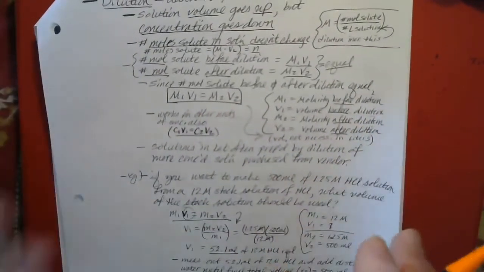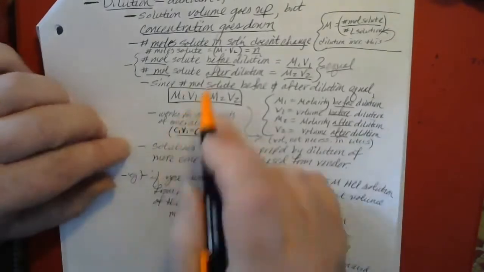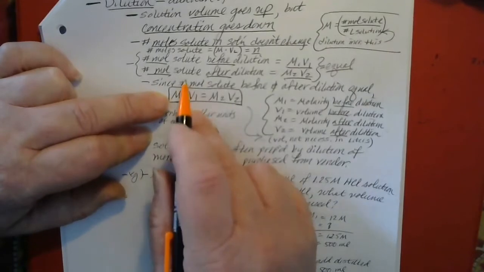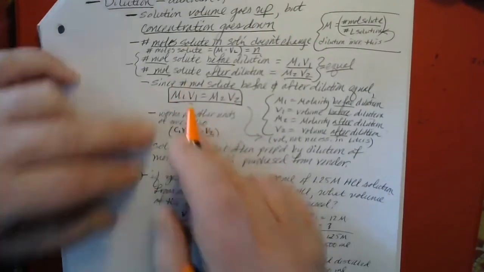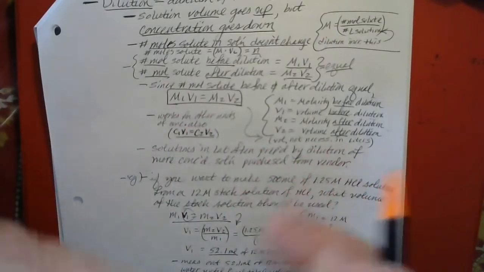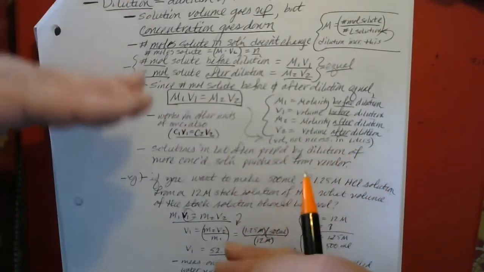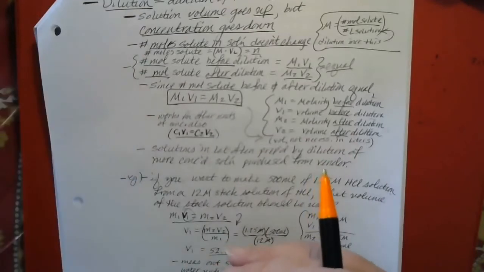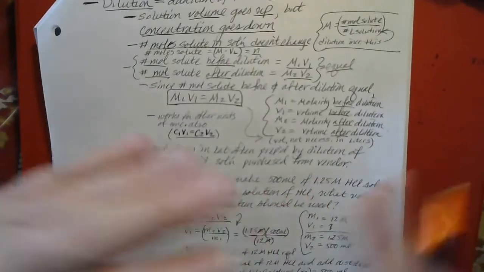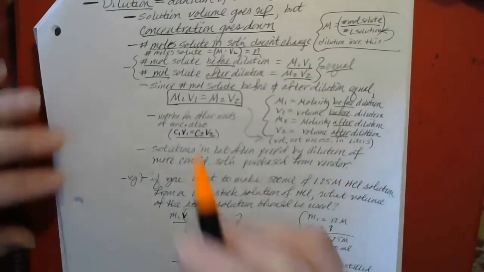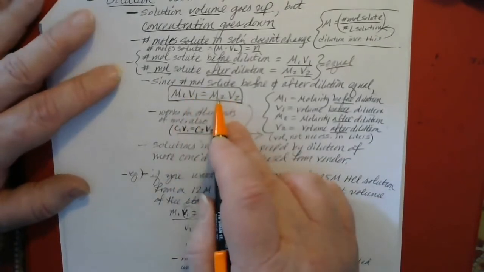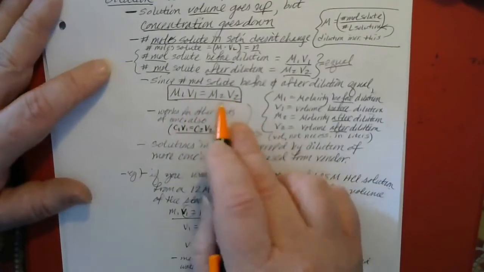During any given dilution, the molarity will go down as the volume goes up, and they always go up or down by the same factor. So if you double the volume, you cut the molarity in half. One times the other will always come out to the same result for any solution. So molarity times volume before dilution will be equal to the new molarity times the new volume after dilution.